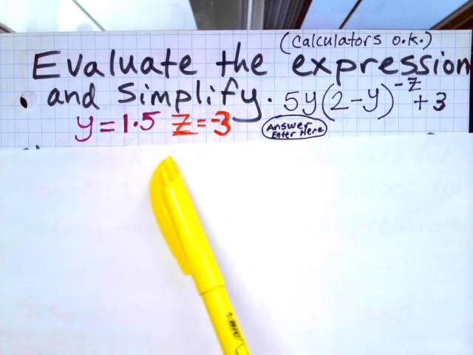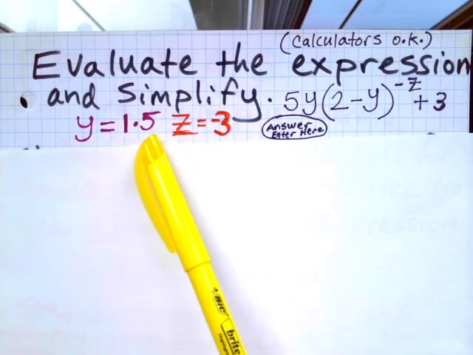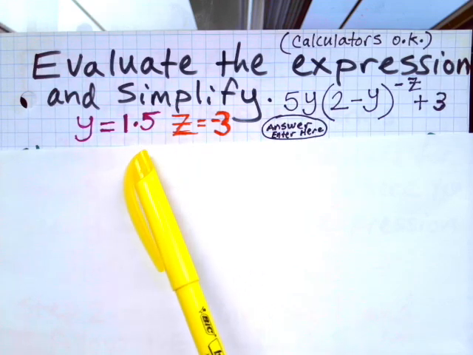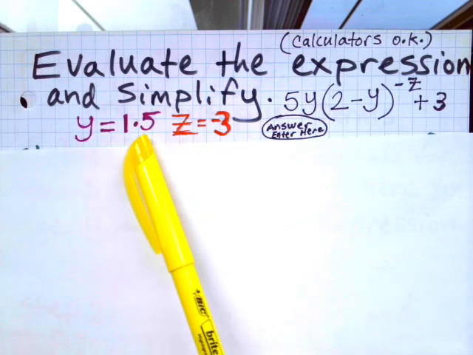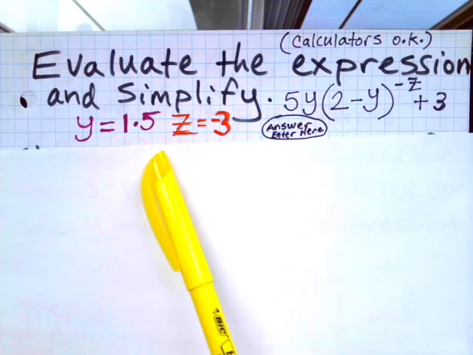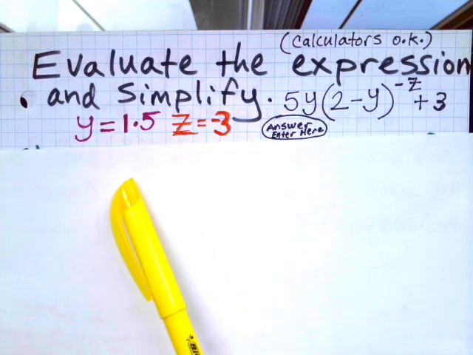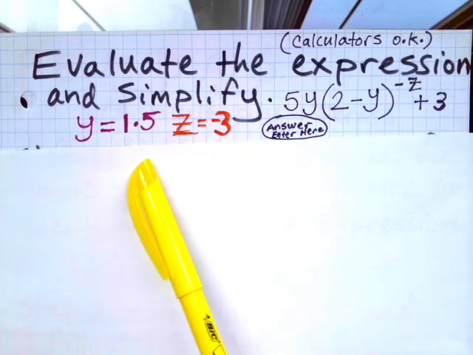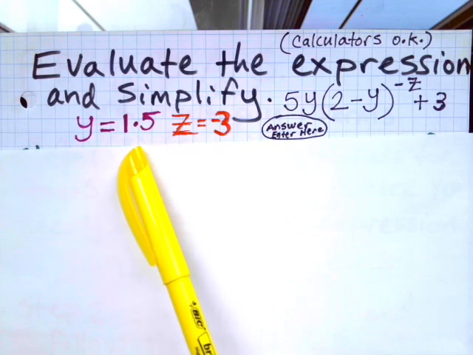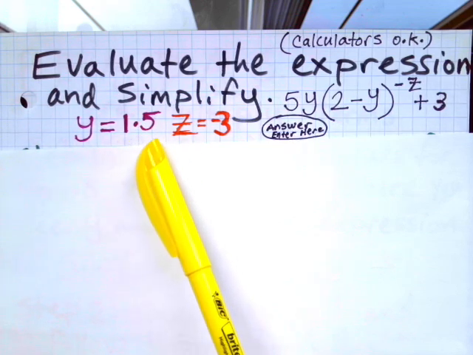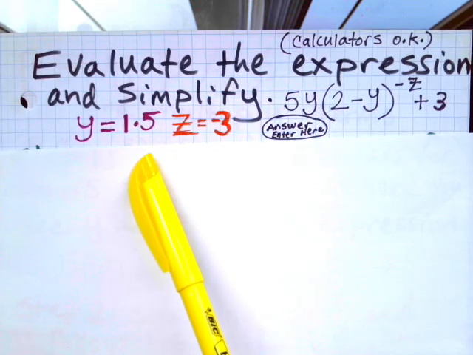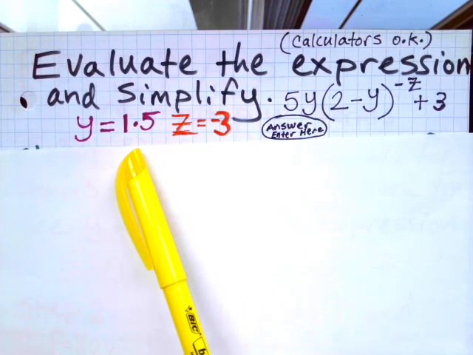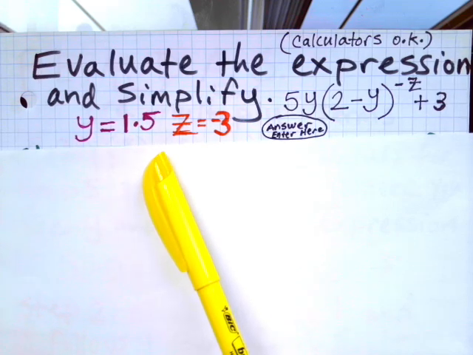One of the things I want to point out is 1.5 also is equivalent to 1 and 1/2. So you could substitute 1 and 1/2 if you're doing this on paper manually. But since they gave us 1.5, that 0.5 representing the half, you may want to just continue using your calculator or do it manually with the decimal.